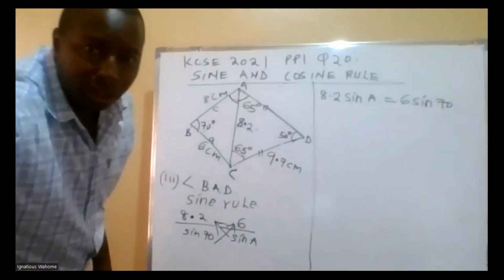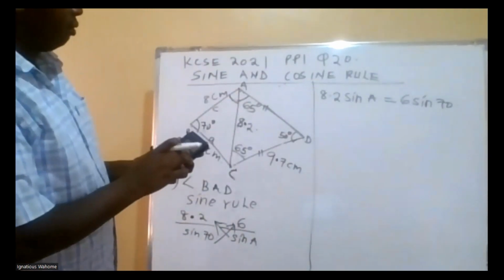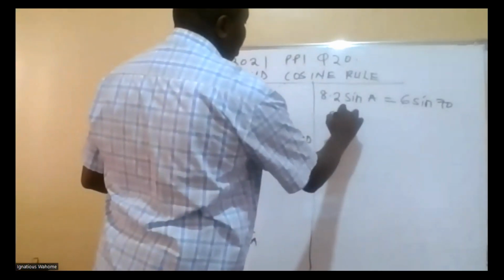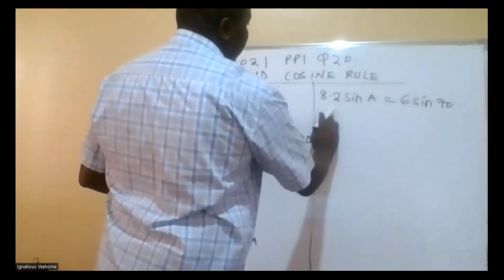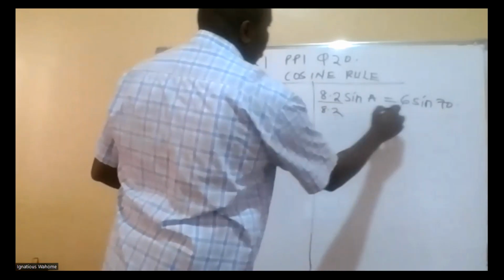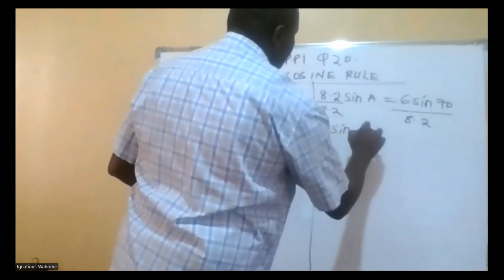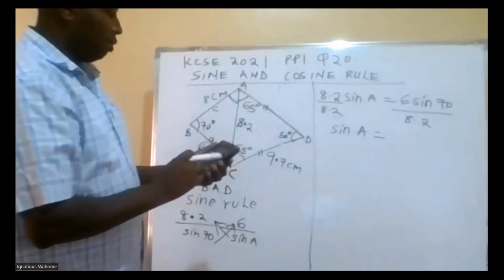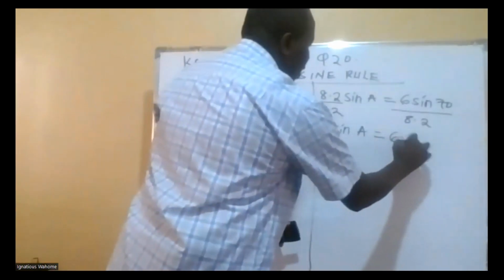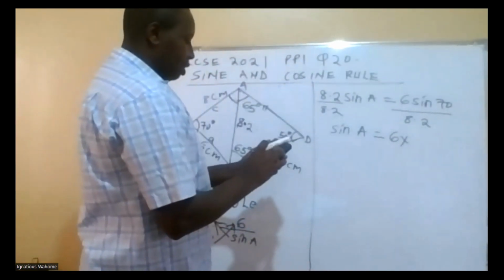So work out that. What is sine 70? For you to get sine A itself, divide both sides by 8.2. So sine A is equal to 6 times the sine of 70.